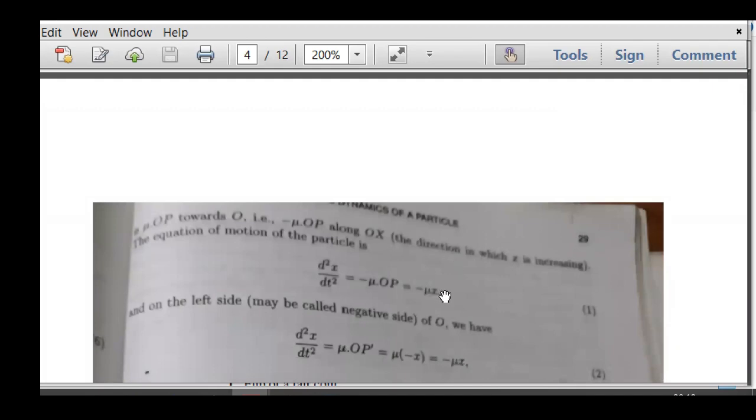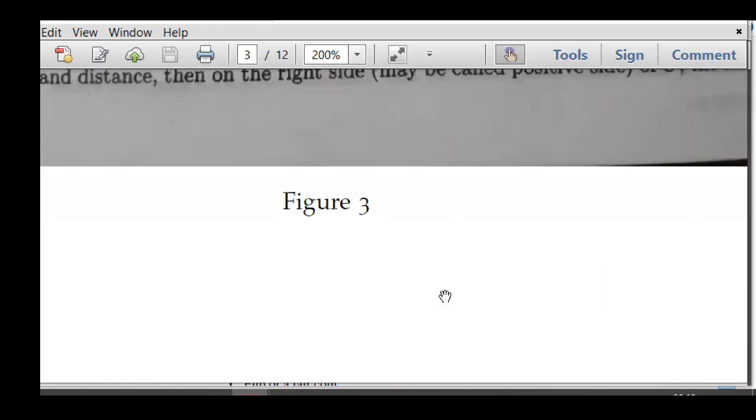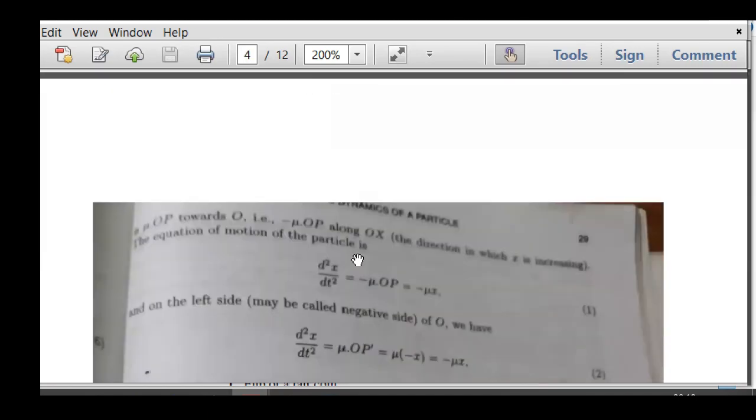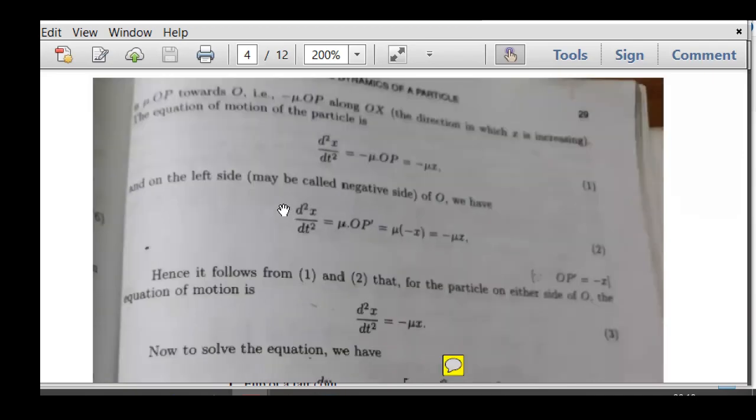And here on the left hand side, what will be the role? It is moving along x increasing only, because you are moving in this direction, and it is the direction of d2x/dt2 increasing. But here minus will be coming because of this negative coordinate. So ultimately you will get the same equation of motion, that is d2x/dt2 equals mu into OP dash.